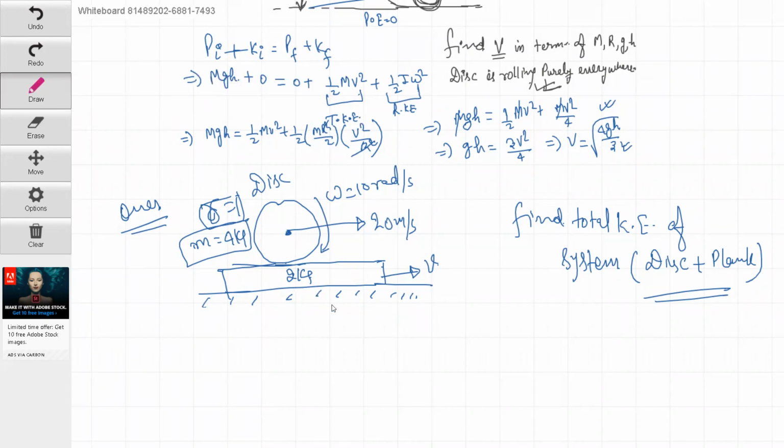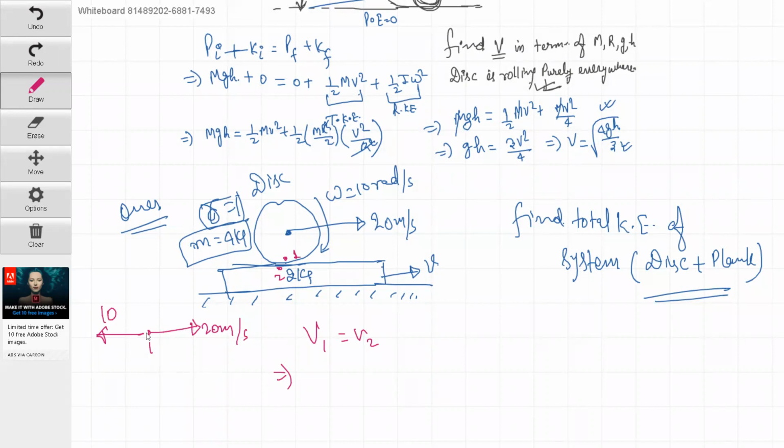Okay. So this point is 1 and suppose this point is 2. So the velocity of 1 will be equal to the velocity of 2. What is the velocity of 1? Point 1 will go in this direction with 20 meter per second due to translation, and in this direction due to rotation with v equal to omega r, that is 10 meter per second.